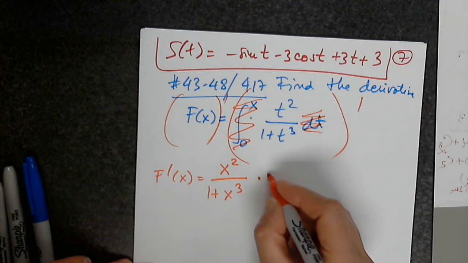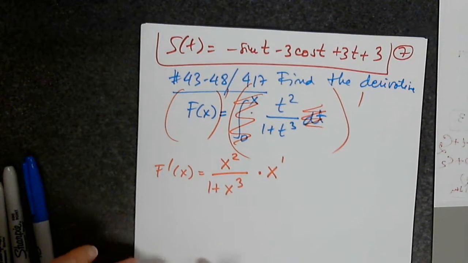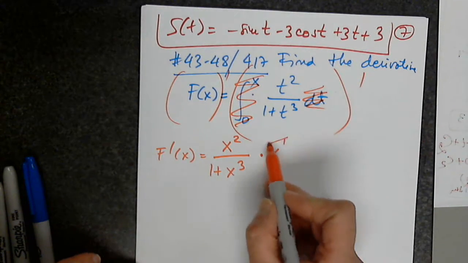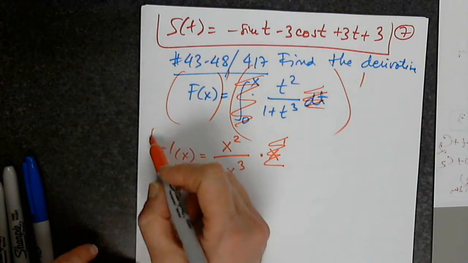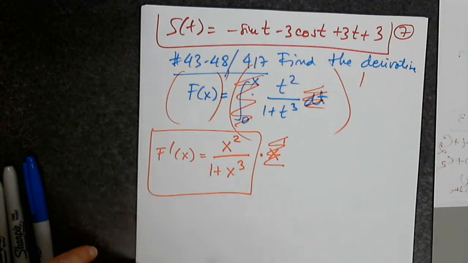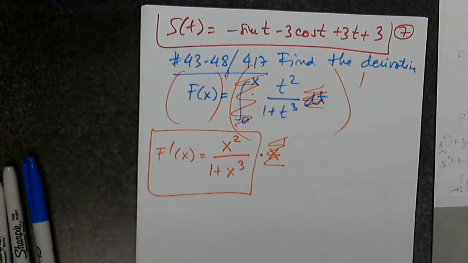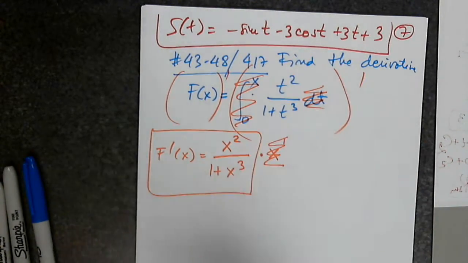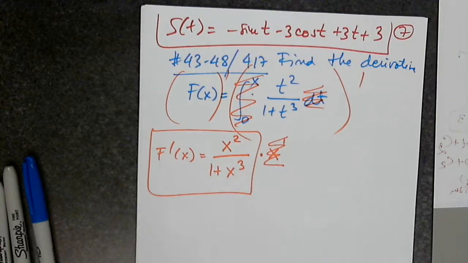And I should write multiplied by x prime. But since x prime is 1, there is no need. And this is the final answer. This proves that when I differentiate an integral, I get the function. That's all that's required.